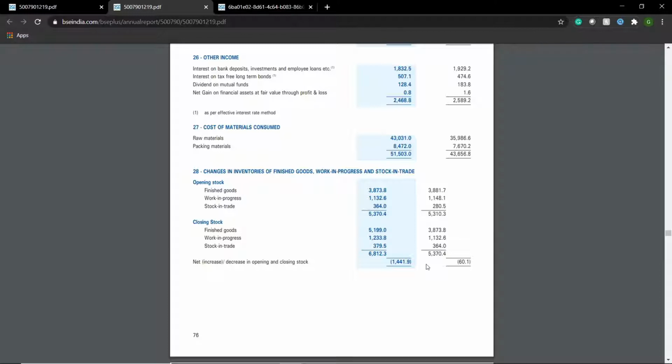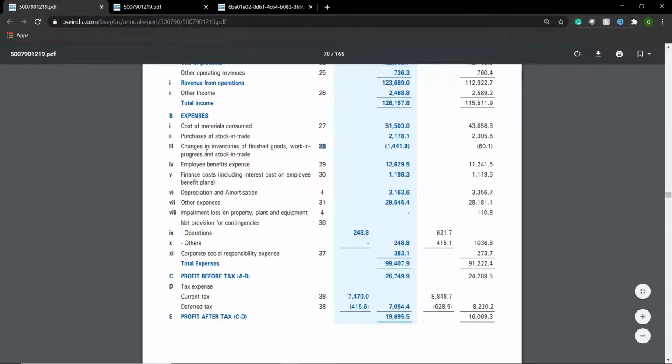Isn't this pretty obvious that whatever inventories the company has at the end of a financial year would be equal to the inventories it has at the beginning of the next one? Suppose it has this much inventory on 31st March, so it will have this much inventory on the beginning of 1st April, that means in the morning. All right, and similarly over here the closing stock is this much. Again, they have produced more products and sold off fewer comparatively.